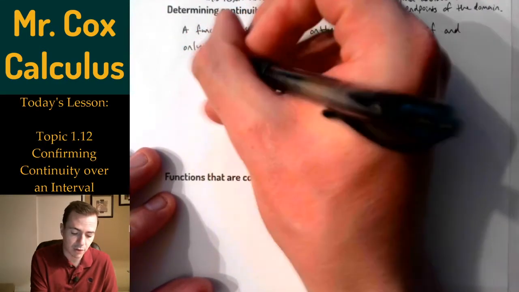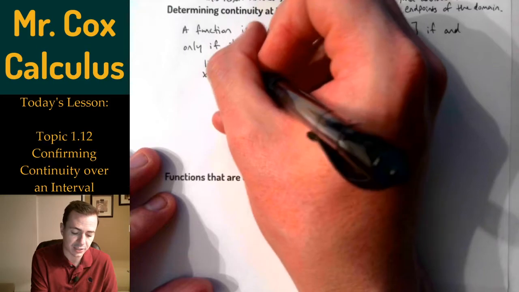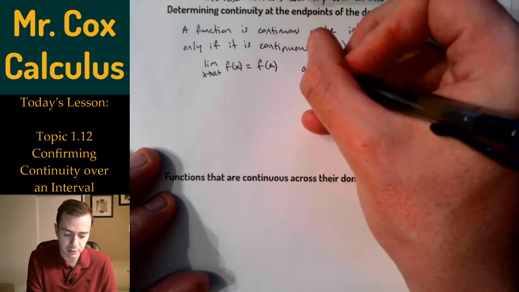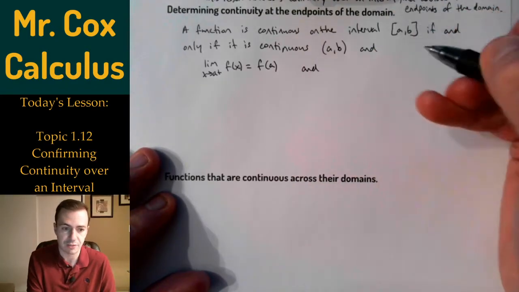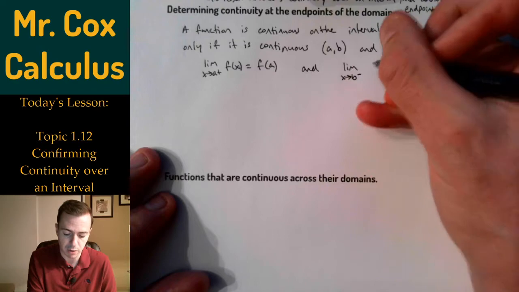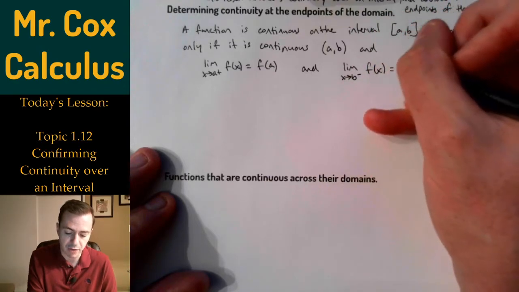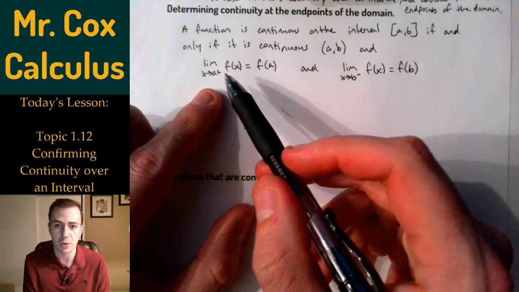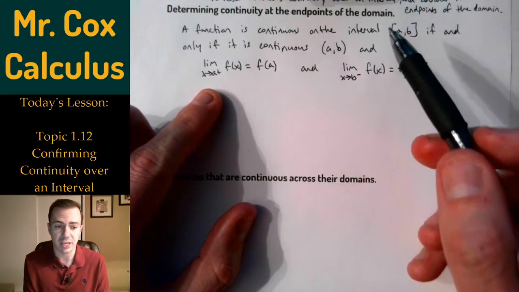So if the function is continuous on the open interval a to b, and if the limit as x approaches a from above of f of x is equal to f of a, and if we have a closed off end here at b, the limit as x approaches b from below of f of x is equal to f of b. And it's important here we note a is the left endpoint.